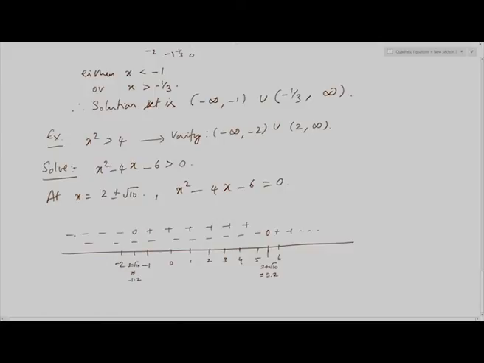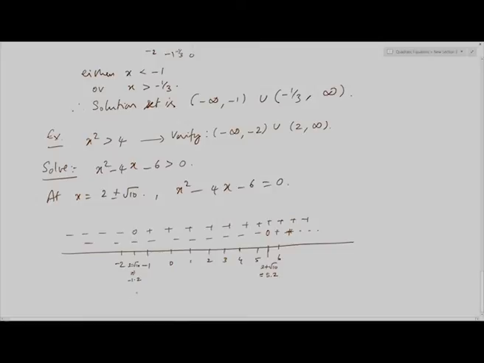Now to make it positive, remember both should be positive or both should be negative. So here it is plus, plus and so on. Therefore the solution set will be, here both are positive on the right side of 2 plus root 10.